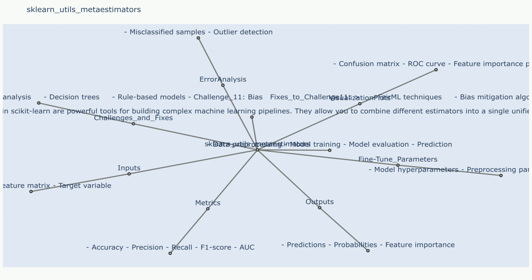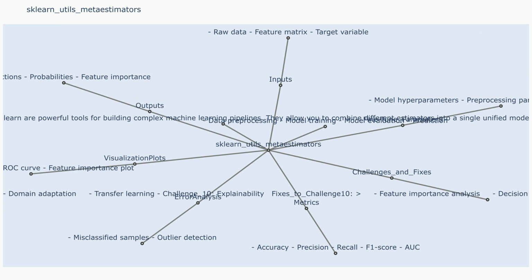These estimators can be classifiers, regressors, transformers, or other compatible sklearn models. Parameters: configuration settings for the meta-estimator, including hyperparameters for the underlying estimators and control parameters for the meta-estimator's behavior.